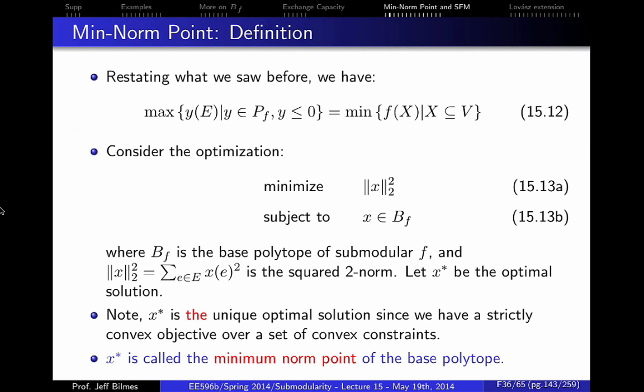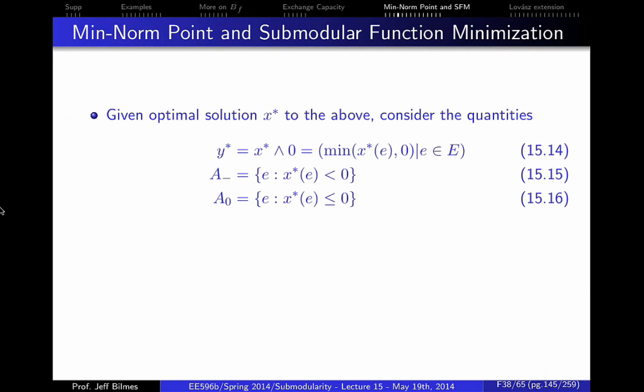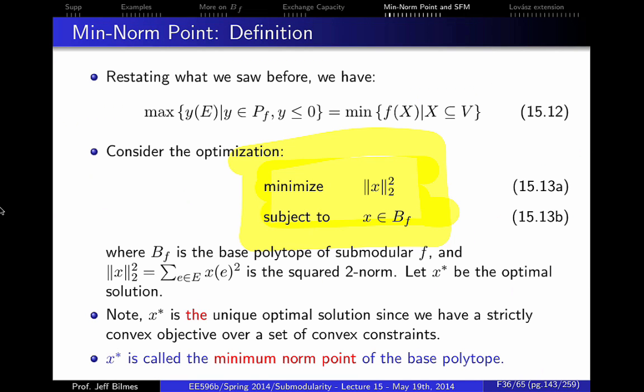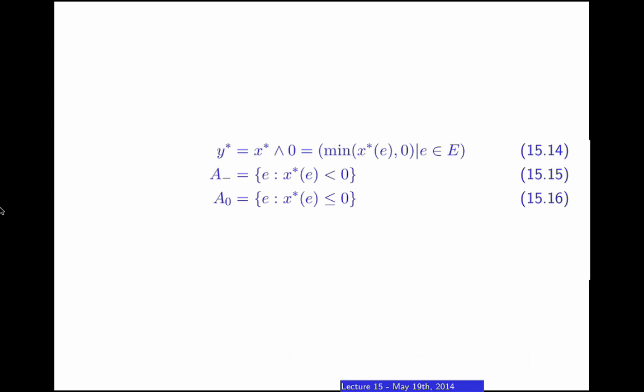At the same time, this procedure is a very simple quadratic programming problem, minimizing a quadratic subject to convex constraints. So what we want to do is prove why x star gives us the minimum.